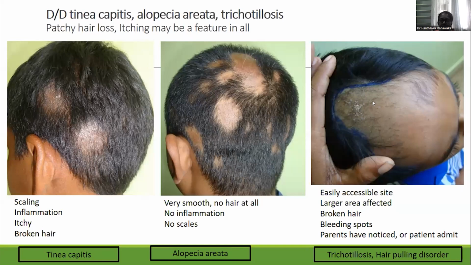There are broken hairs, and because they pull hair, there can be bleeding spots. And the parents, and also the patient, admit it. The parent has noticed that the child is always touching that area, and the patient also sometimes admits, yes, I pull hair, right? So these are the differential diagnoses.